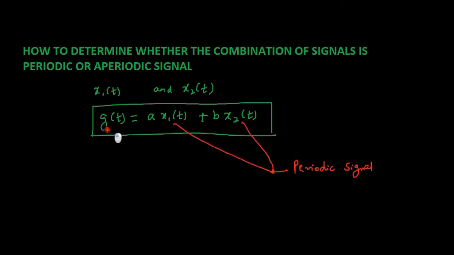However, when we add these two signals, we need to find out whether the linear combination of these two signals is periodic or aperiodic. It may not always be a periodic signal.